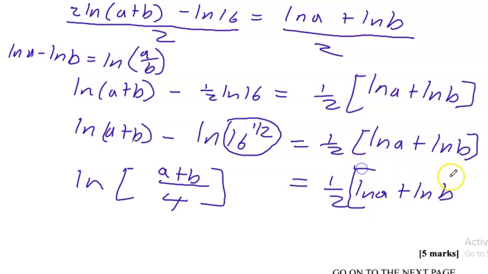And of course, this is what we're asked to prove in the first place. Quite easily done. So to remind you of what the proof was: ln (a plus b upon 4) equals half into ln a plus ln b.